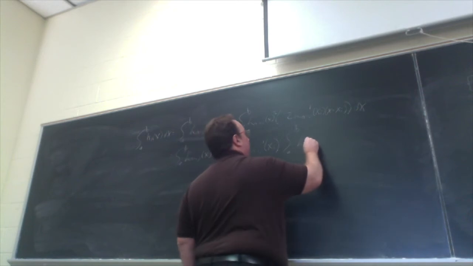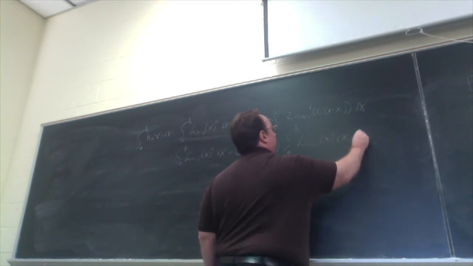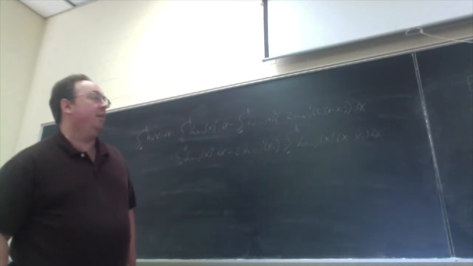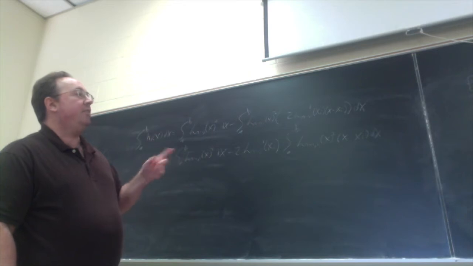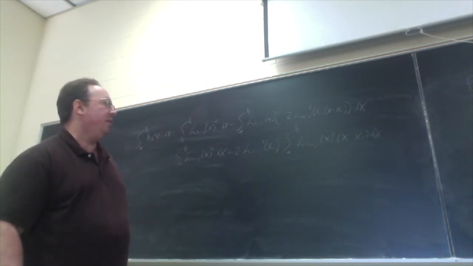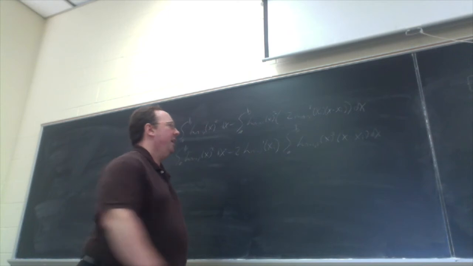And I have the Lagrange polynomial squared times x minus x_i. Now what's interesting is that Lagrange squared times x minus x_i, we have that on the previous board. Yeah, k_i.